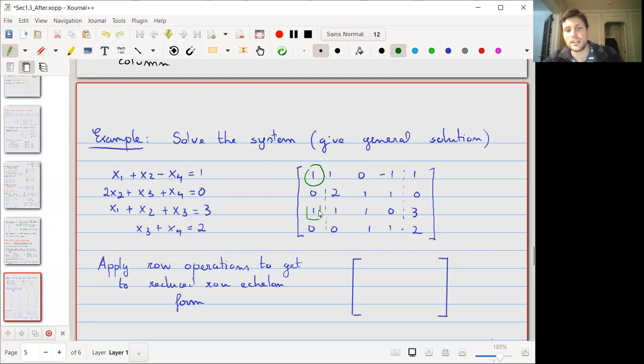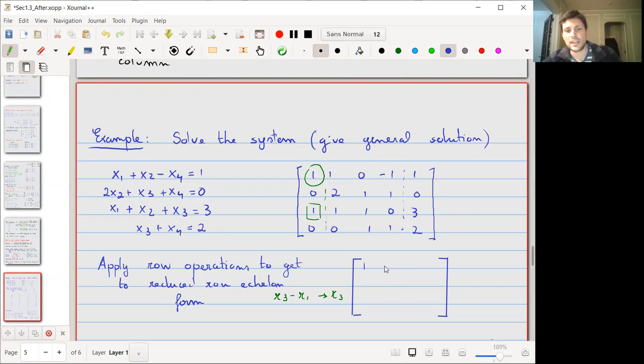Therefore, we need to eliminate this entry in the third row down here. We can do that by replacing the third row with an elementary row operation by itself minus a copy of the first row. Subtracting the 1 that is in the first row to the third will effectively get rid of that 1. Let's do that.